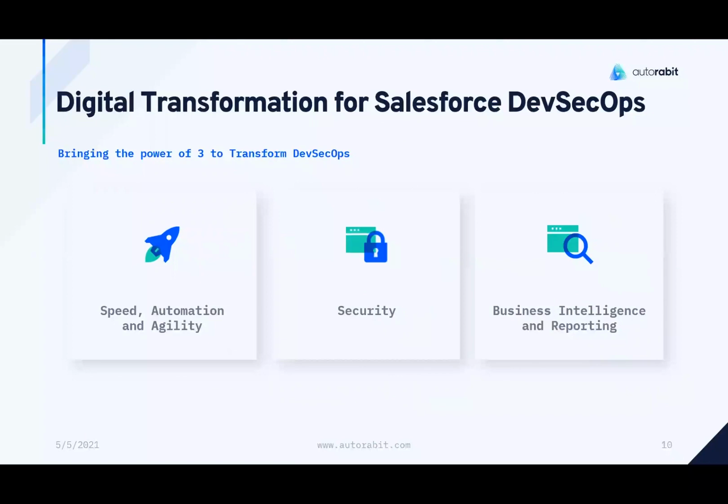So with this solution, what can you expect, right? AutoRABIT transforms the approach to Salesforce by taking you through a CI/CD process and ultimately taking you towards a DevSecOps level 5 maturity as well. How's that done?